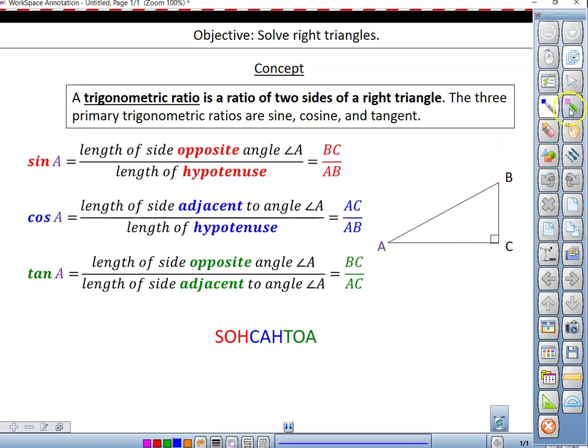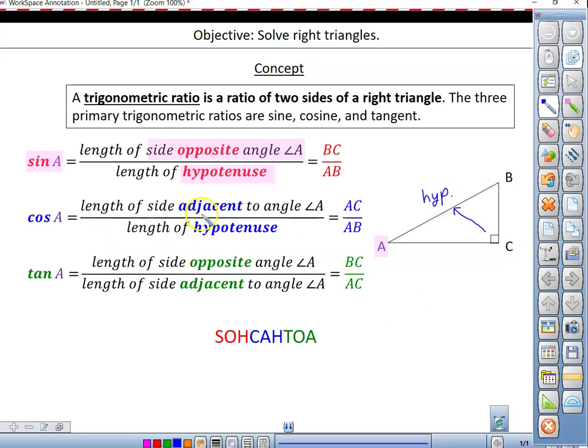So here what we're looking at is making sure that we know our ratios. If we're looking at this from the perspective of angle A, one of the acute angles in our right triangle here, then the sine of angle A is the side that's opposite angle A divided by the hypotenuse, where again, remember, your hypotenuse is always the side that is across from your right angle, also always the longest side in a right triangle.